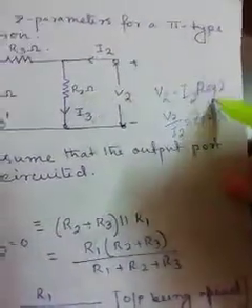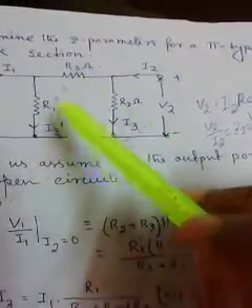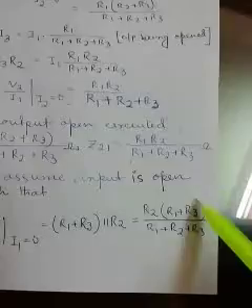So finding R equivalent 2 looking from this side gives us the value of Z22, which is nothing but (R1 plus R3) parallel R2. So here we are writing this same thing, and this gives us the value of Z22.